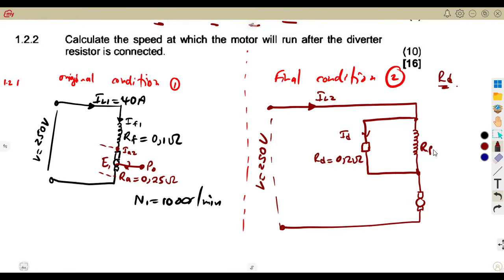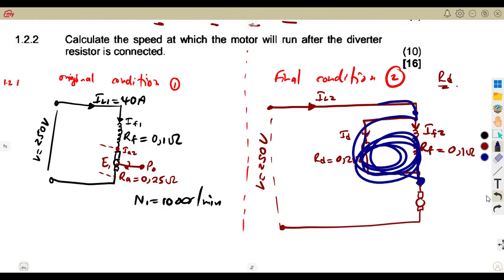Here we've got your field. It's not going to change, 0.1 as it was given, but the current of the field comes out. This one enters, and it's branching here to give us this. It is the same current that was entering here. It branched. The sum of those two currents are now branching here to give us the armature current.